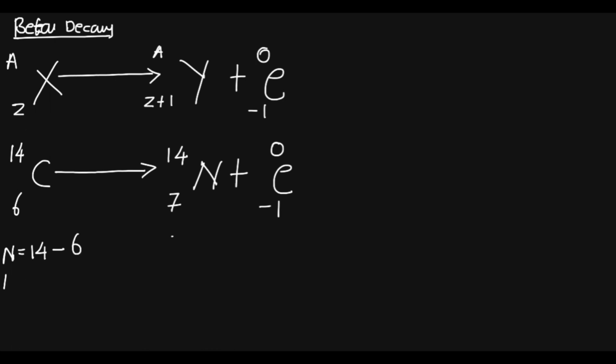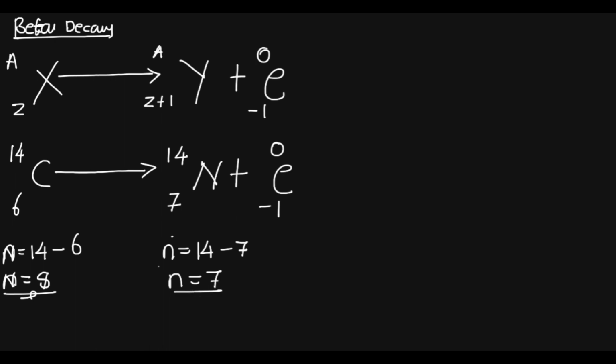So if we subtract 14 minus 6, we have 8. So there are 8 neutrons for the carbon atom. Now let's look at the number of neutrons for the daughter. So neutrons is equal to the mass number, which is still 14, minus 7. So we'll see that the neutrons is equal to 7.